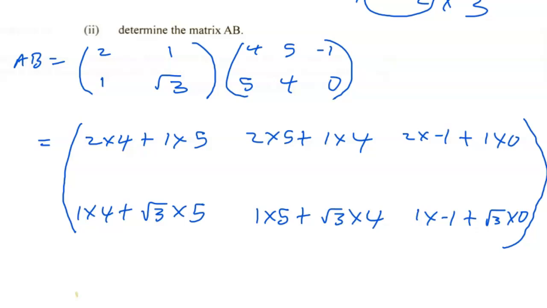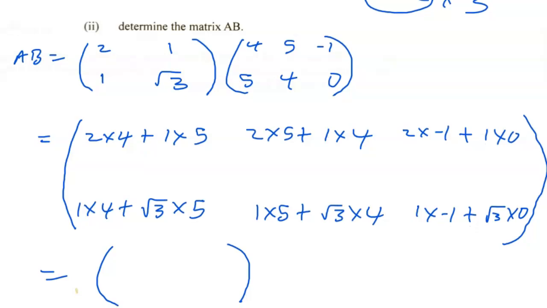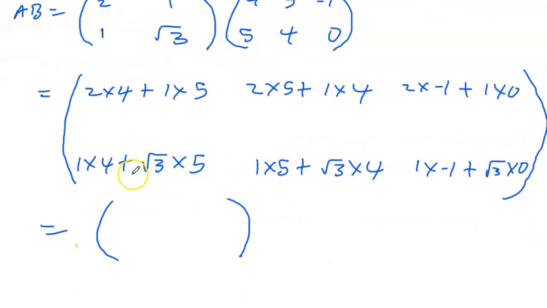So we can simplify. We end up with what now? So 2 times 4, that's 8, and 5, that's 13. Next, 2 times 5, 10, and 4, that's 14. And then 2 times minus 1, that's minus 2, and 0, that's minus 2.